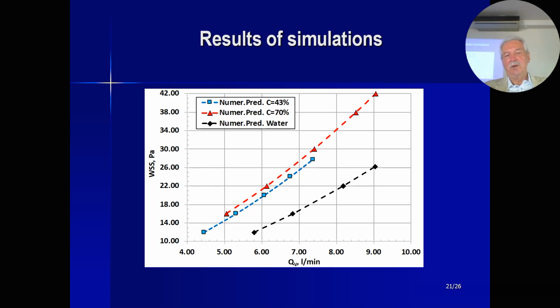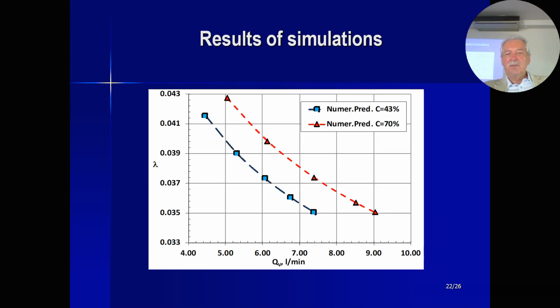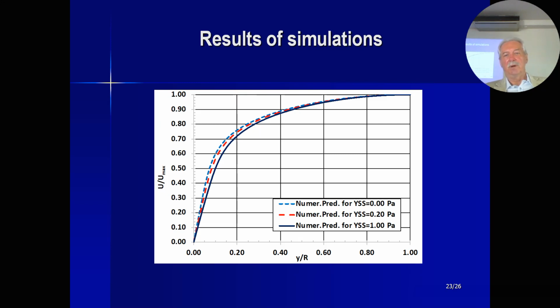We see that wall shear stress is higher for blood with higher concentration, which is not surprising because we expect it should be like that. And here is the lambda friction coefficient, the dependence of friction coefficient on flow rate. Again, friction is higher for higher concentration of red blood cells, which is not surprising as well.